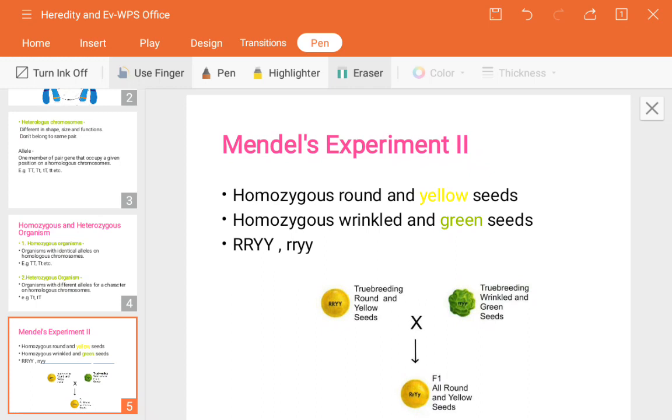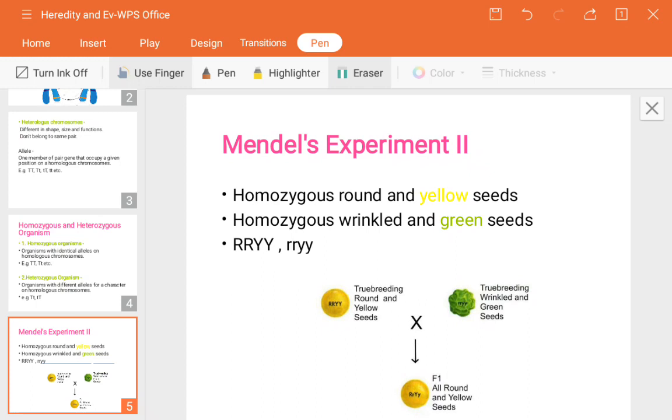Even if it is specifically wrinkled and green, or round and yellow, whenever they get mixed up, they will carry the characters. First, round and yellow seeds are indicated by capital R, capital Y, capital Y. Wrinkled and green seeds are indicated by small r, small y, small y.